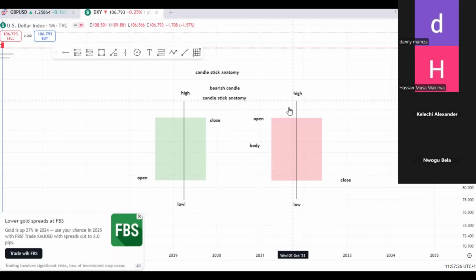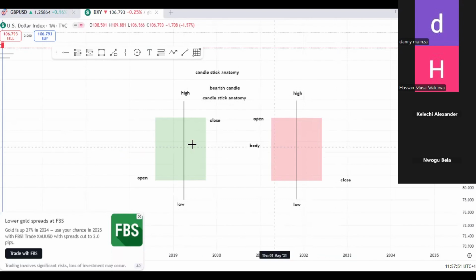For a bullish candle and a bearish candle, the wick is the same thing. High for a bullish candle is the same as high for a bearish candle. Low for a bullish candle is the same as low for a bearish candle. So this is basically candlestick anatomy. You should understand the market from here.